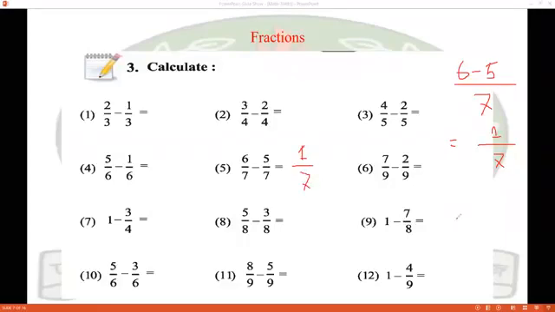And the number 6, we get the common denominator 9. So 9 divided by 9, we get 1. 1 into 7, so we get 7. Minus 9 by 9, we get 1. So 2 into 1, so we get 2.